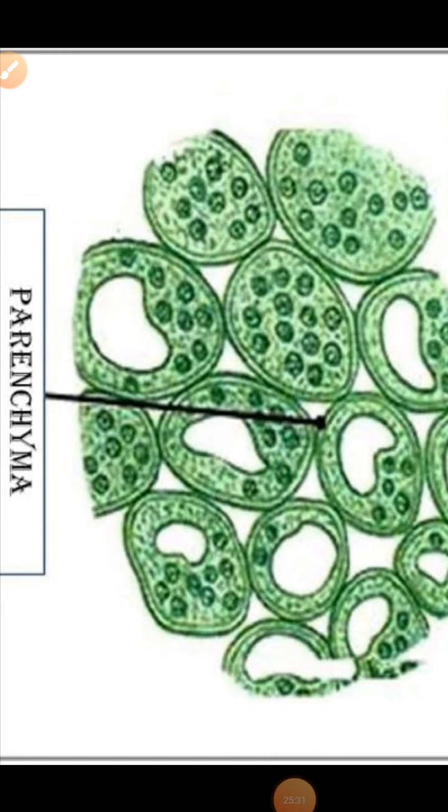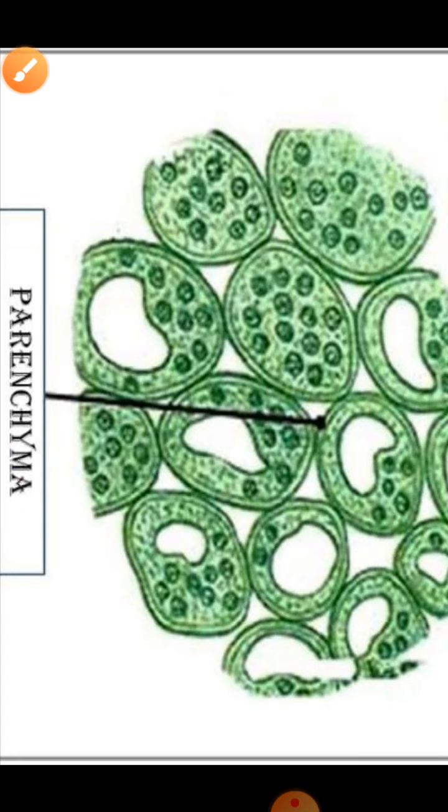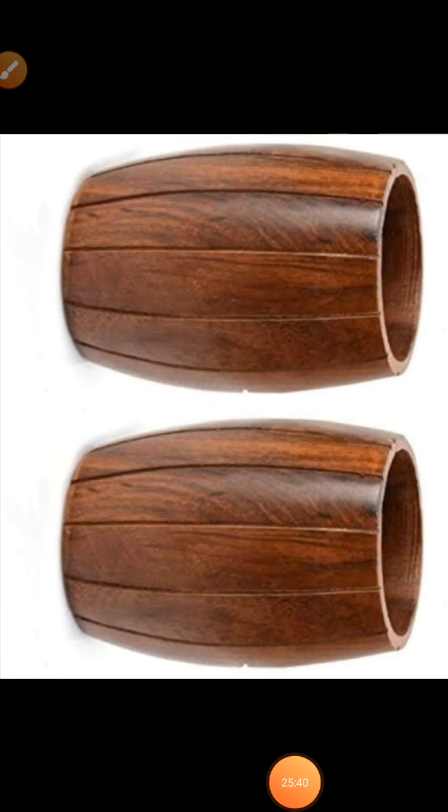Parenchyma. Parenchyma is the major type of tissue, composed of parenchymatous cells. Here already I said tangential wall. Tangential walls means oriented parallel to the structure.